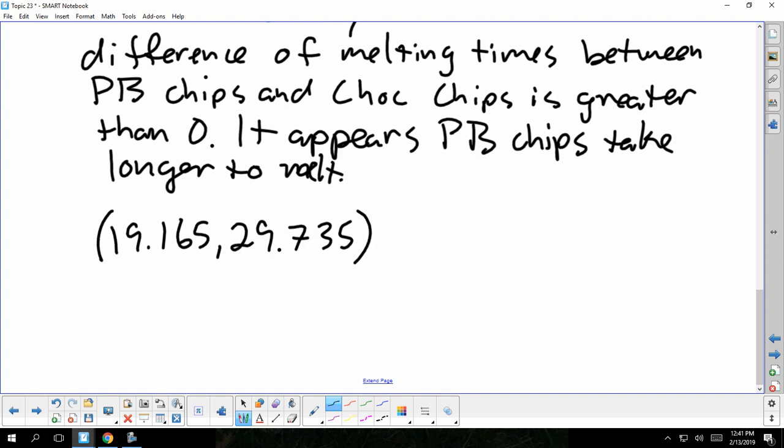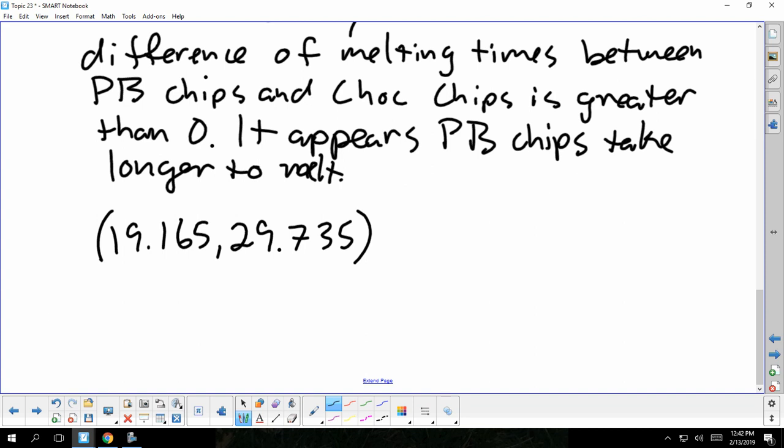So this is even more useful than when we're comparing the differences between those, because this gives me a specific interval for the true mean melting time that peanut butter chips take longer than chocolate chips.